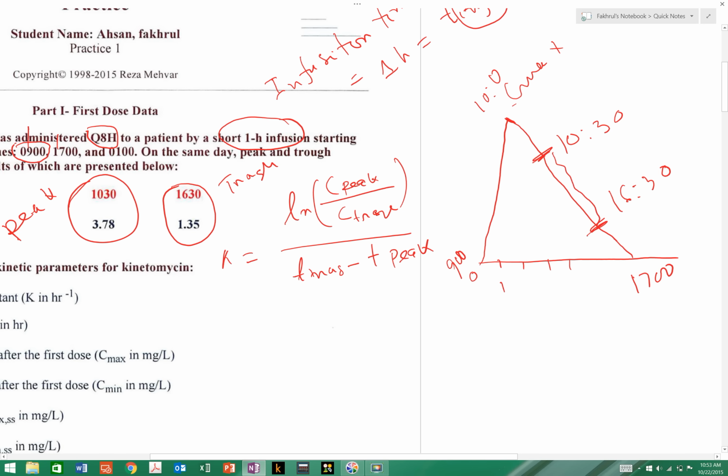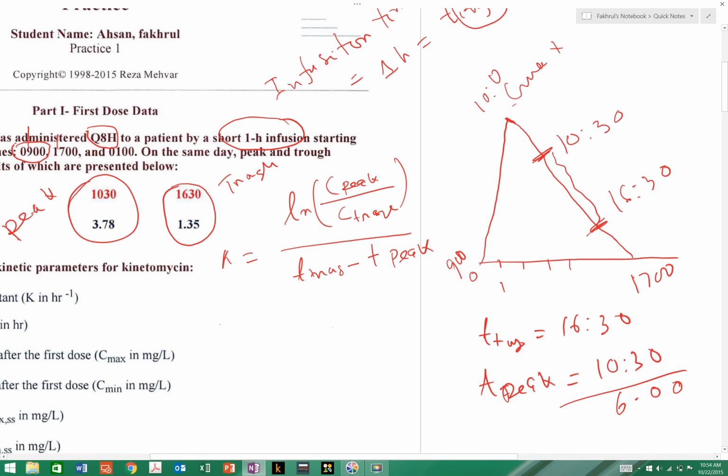So your T trough is equal to 1630 and T peak is equal to 1030. So this way you find out the difference between 1630 and 1030.